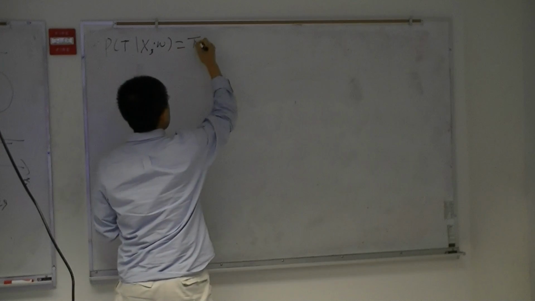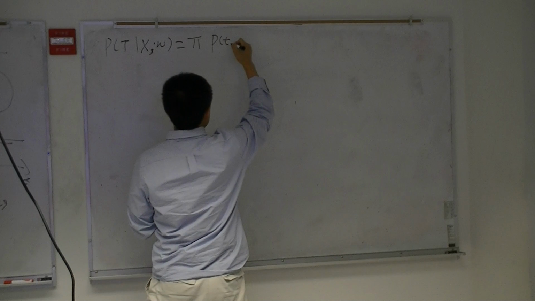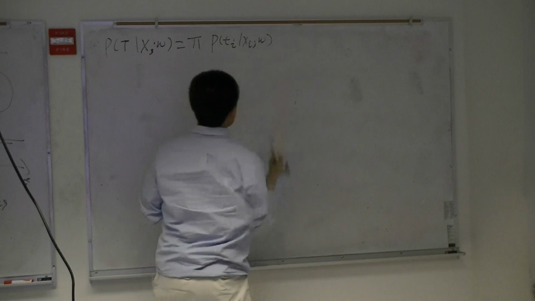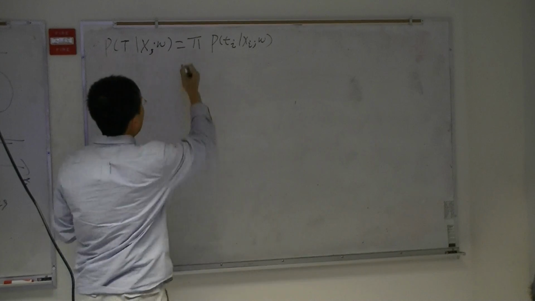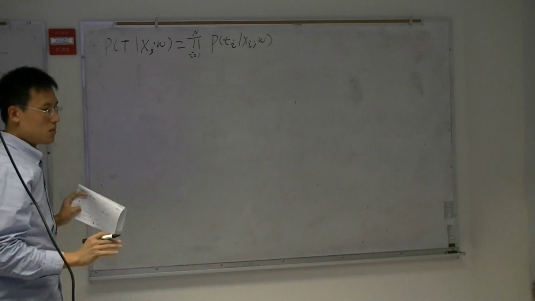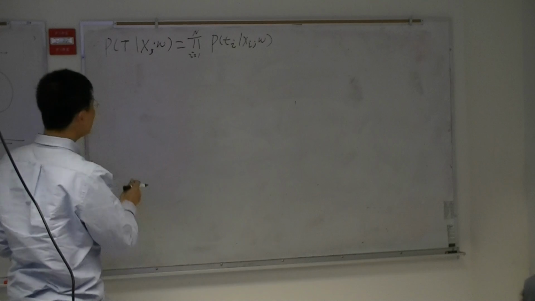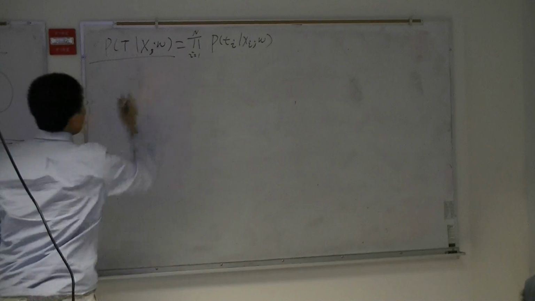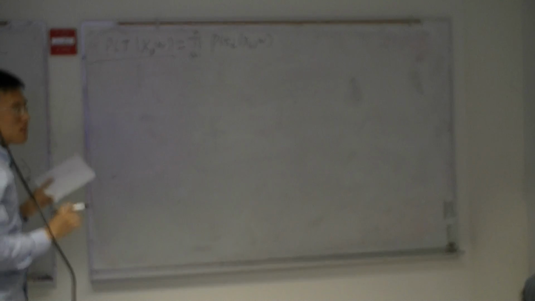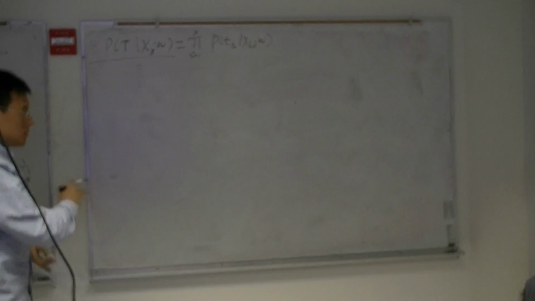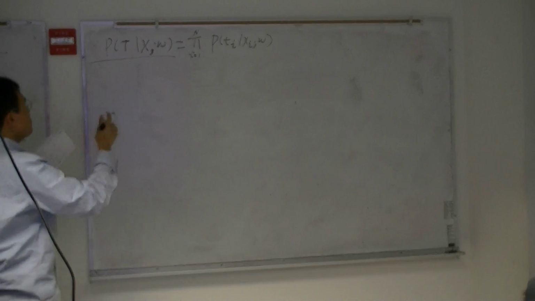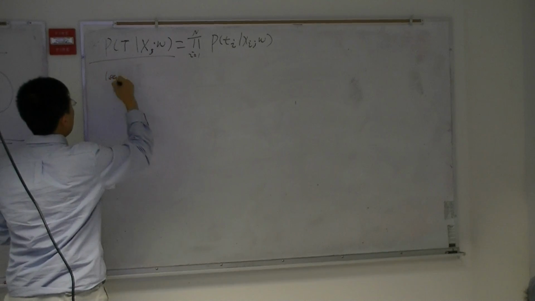And we can express this as the product of the probability of t_i given x_i and the model parameter, where i is from 1 to n. Suppose we have n observations. So this is the likelihood function, right? Maximizing this function directly is not easy, so we take a logarithm, since the logarithm is monotonic. So it's equivalent to maximizing the logarithm of this likelihood.